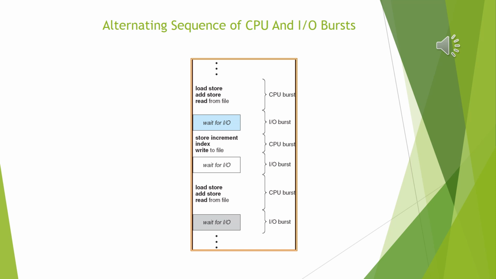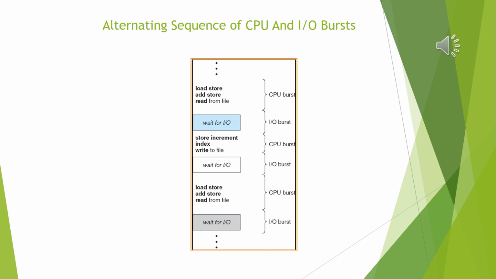We have looked at the operations of the running state, where we say the operations of the CPU: we have the load, we have the add, and we read and write. If you look at it now, we have the commands load store, add store, read from file. These are the operations that take place in the CPU, that is the execution. Then when there is input or output waiting, we have the input-output burst, that is the request.